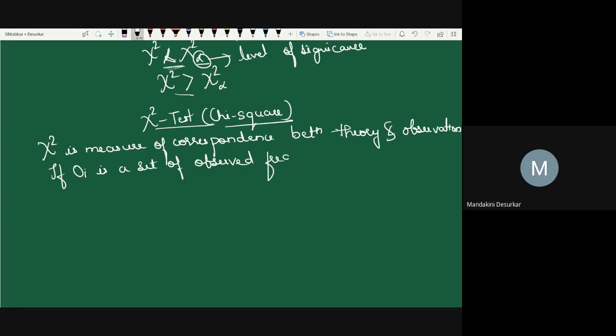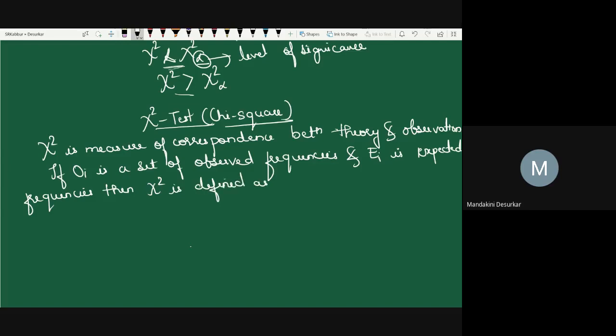If OI is the set of observed frequencies and EI is the expected frequencies, then chi-square is defined as chi-square equal to summation i equal to 1 to n, where n will be the size, of OI minus EI the whole square divided by EI, for n minus 1 degrees of freedom. This is the formula for your chi-square test.